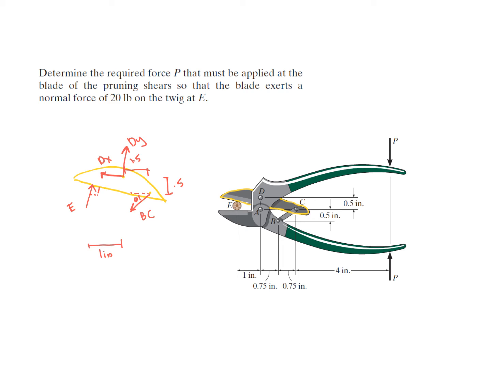So maybe, if I needed to know the angle of this, that would be an unknown that would come up in the E, and then that would help me figure out the location of E here. But usually in these problems, you won't find it so much in frames, but definitely you'll find it in machines like this. You may find that a piece that you drew isn't something that you can use.